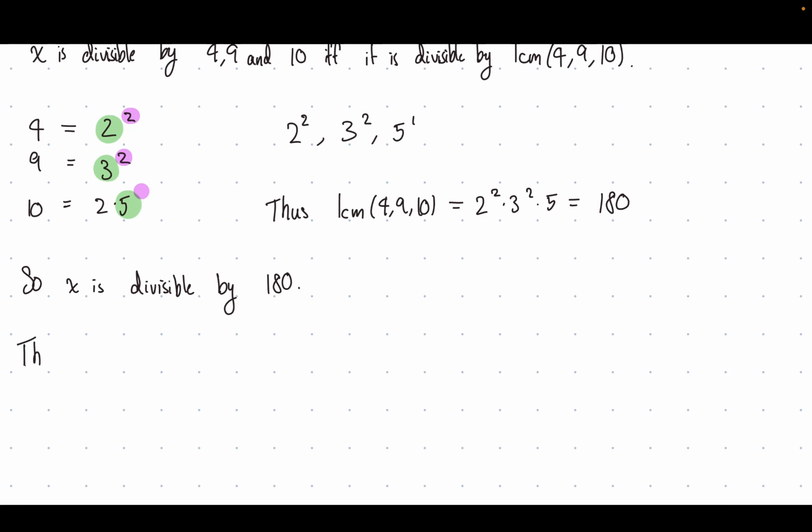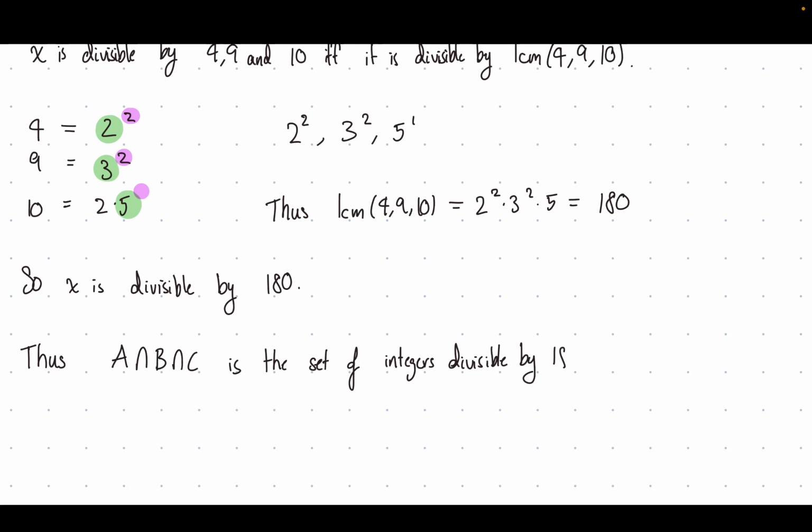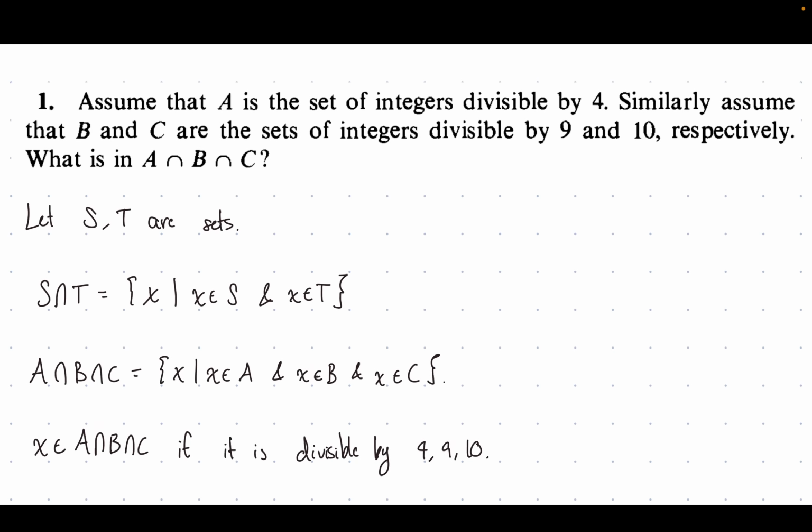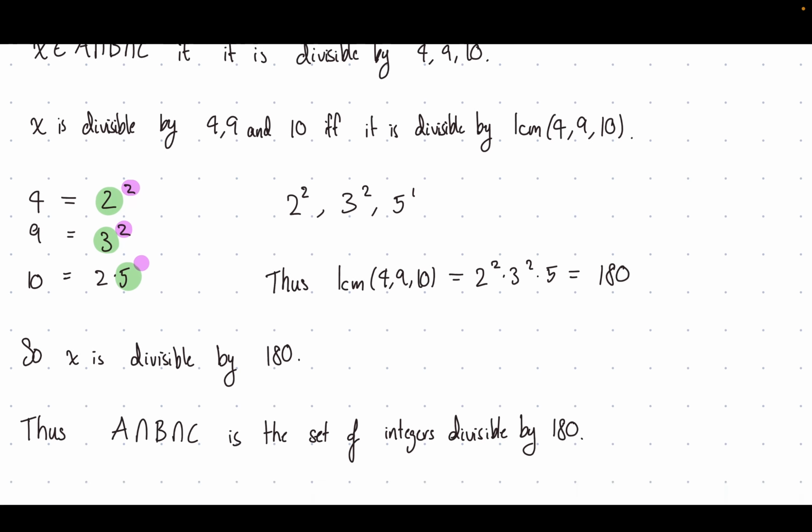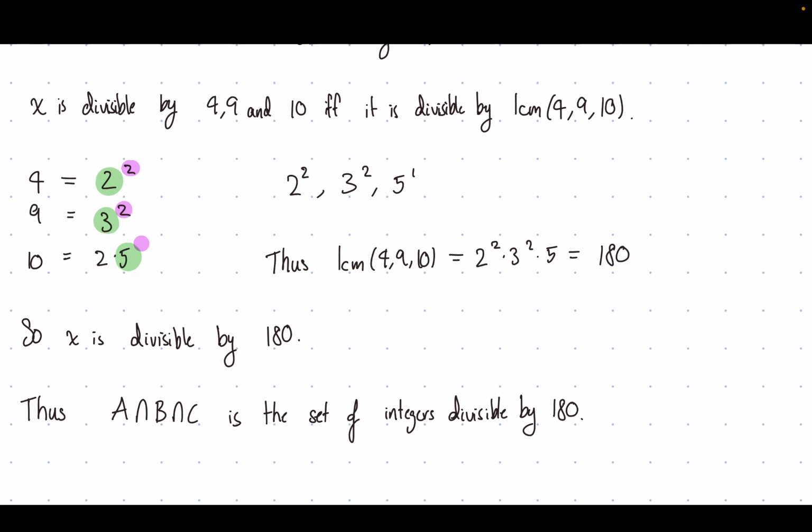And since X is just an arbitrary element within this set A intersect B intersect C, then we can say that thus A intersect B intersect C is the set of integers divisible by 180. So to answer the question, what is A intersect B intersect C? It is all the integers divisible by 180, all the multiples of 180.